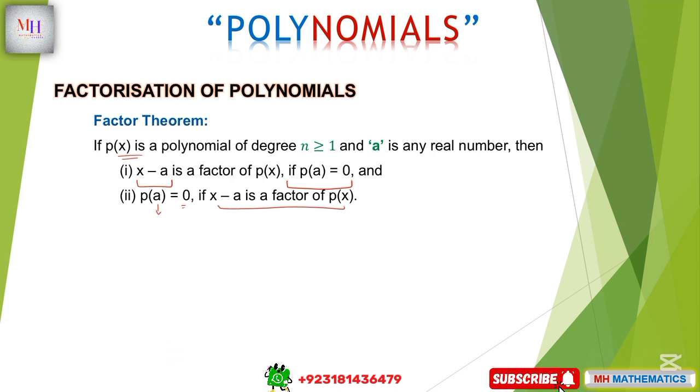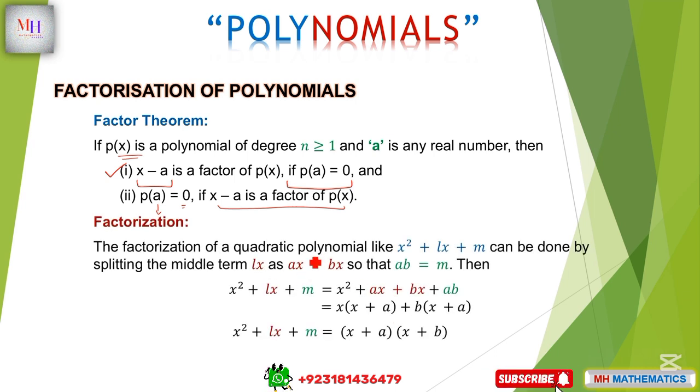So the factor theorem in simple terms implies that if a is the root of p of x, then x minus a is a factor of p of x, and if x minus a is a factor of p of x, then a is the root of p of x.